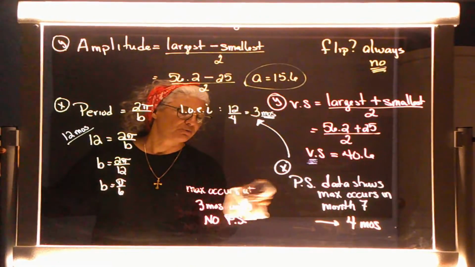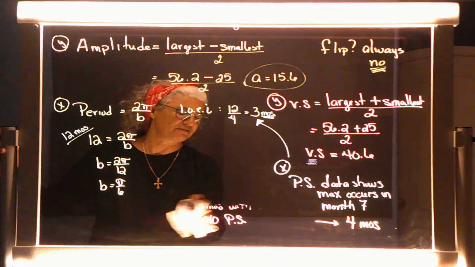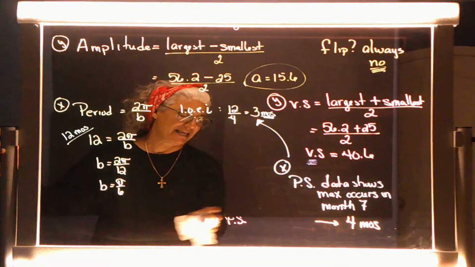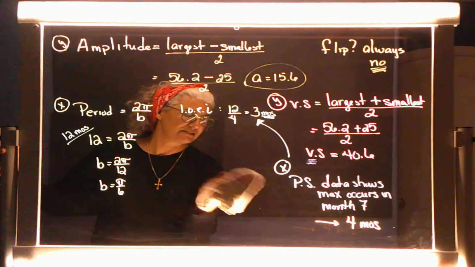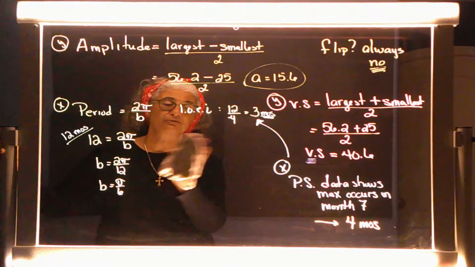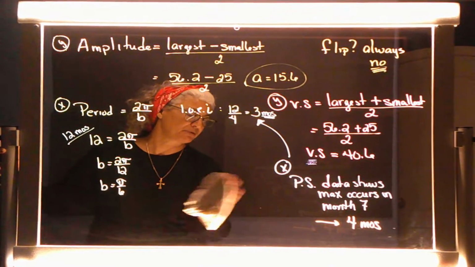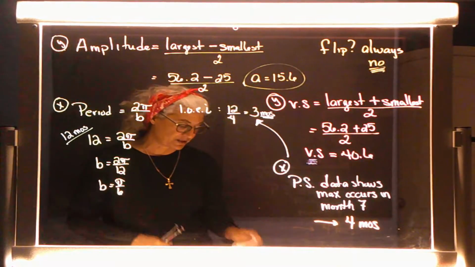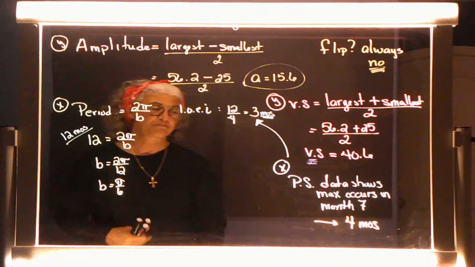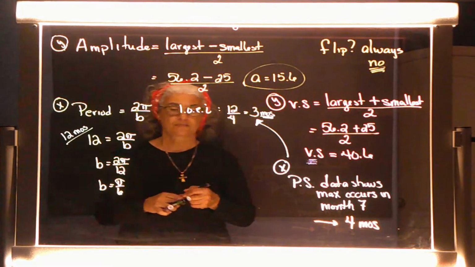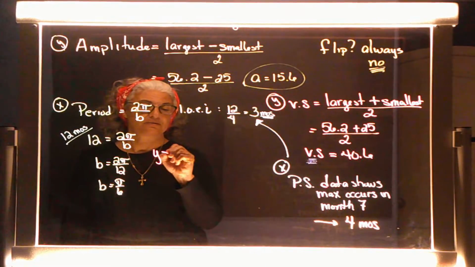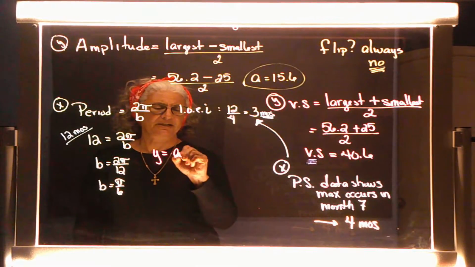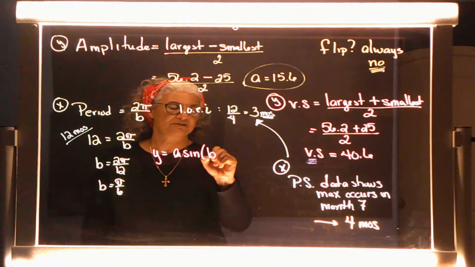So, remember your generic sine function. A is the first one, right? A is in front. And if you need to look back at the previous couple of examples where I wrote the generic, then look back at them. Or actually, I think I have space. I can write this here.